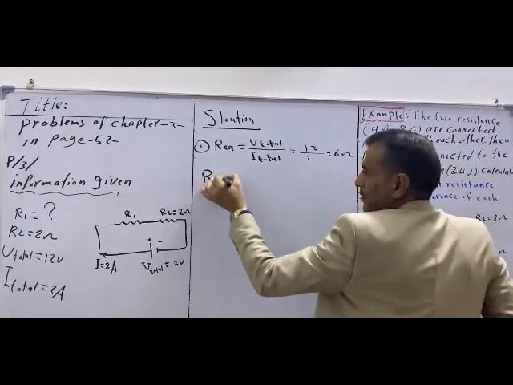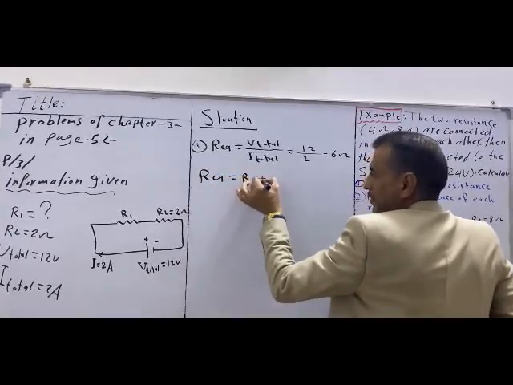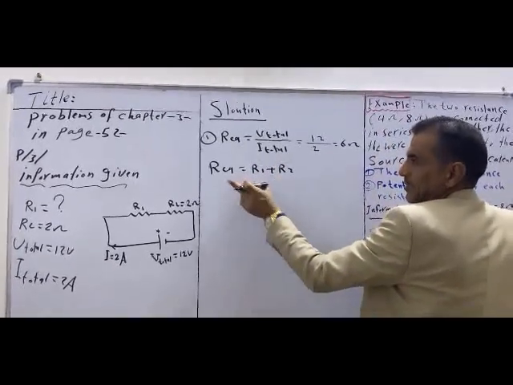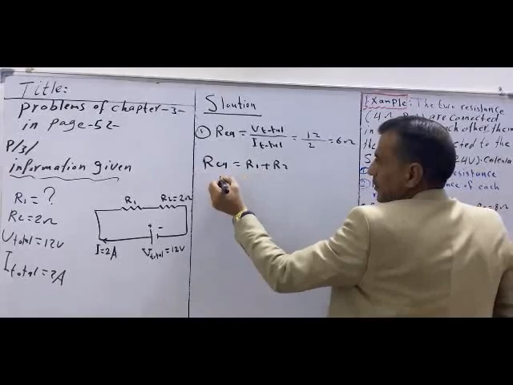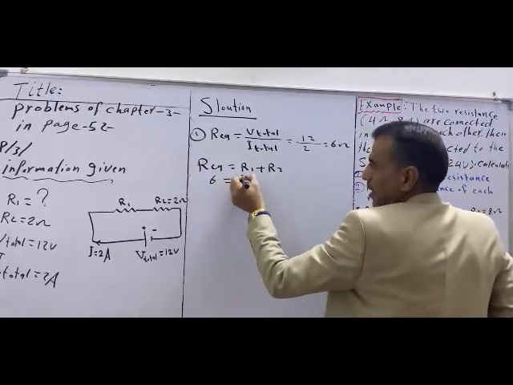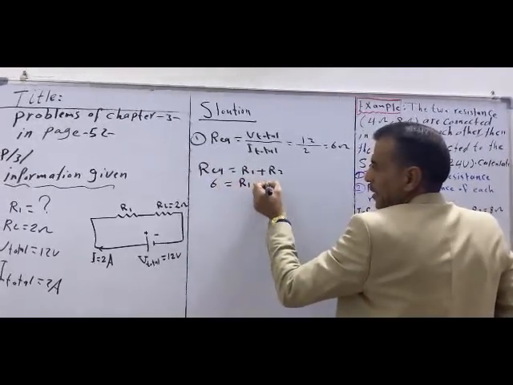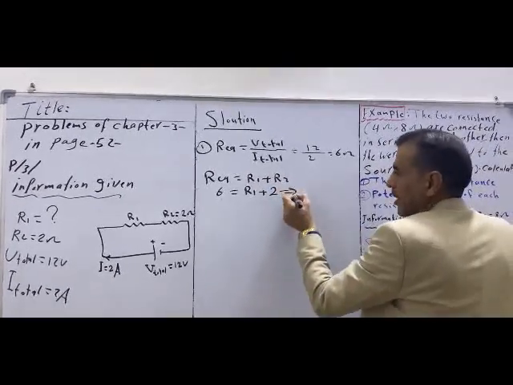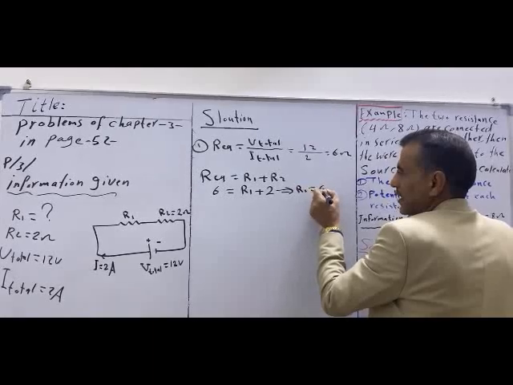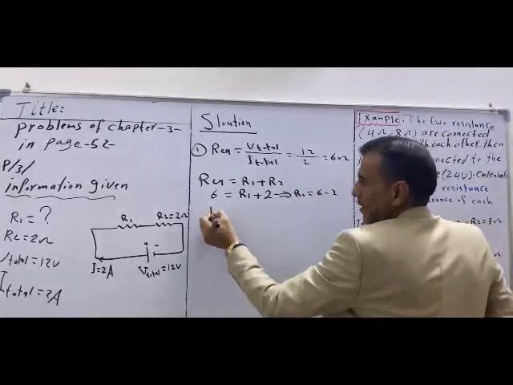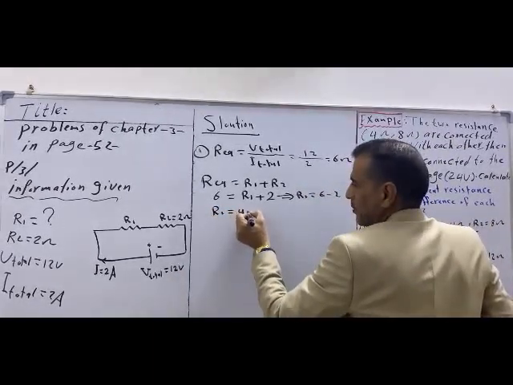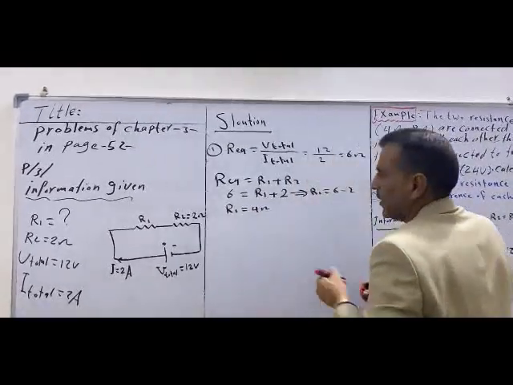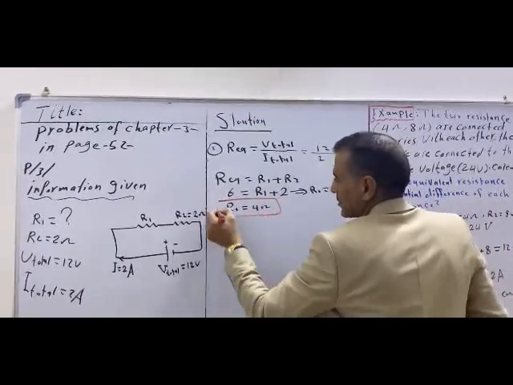R equals R1 plus R2 because of the connection in series. R equals 6 ohm, R1 is unknown, R2 equals 2 ohm. R1 equals 6 minus 2. R1 equals 4 ohm. This is the amount of the unknown resistance.